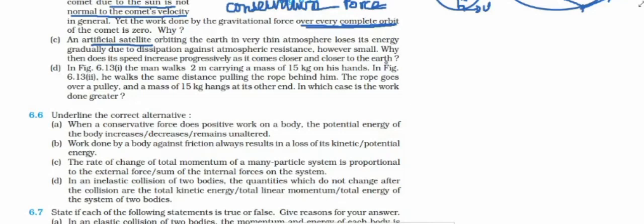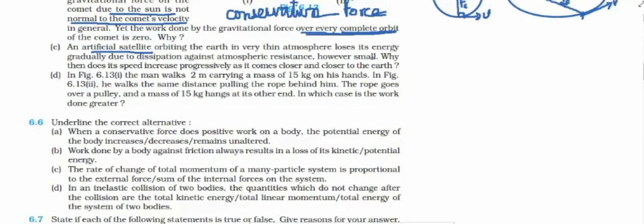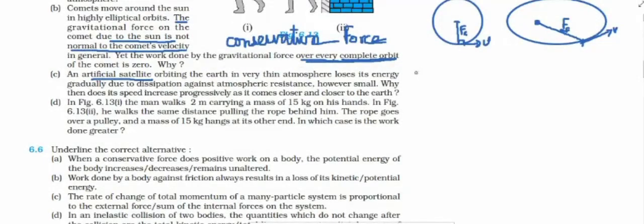What is the reason? In different ways, we can give the answer. One method: you have studied that gravitational force is conservative. For a conservative force, total energy is constant. Total mechanical energy is constant in a conservative force field.